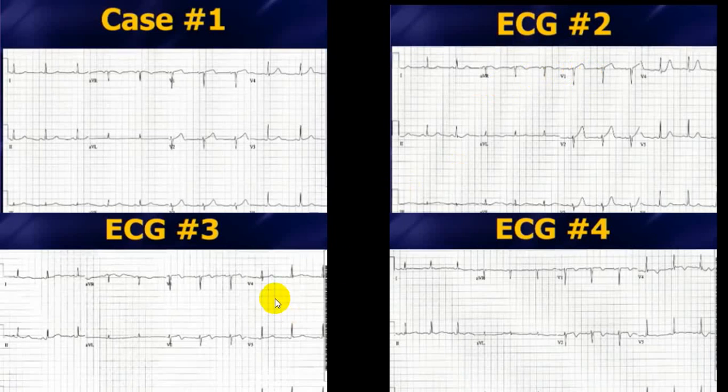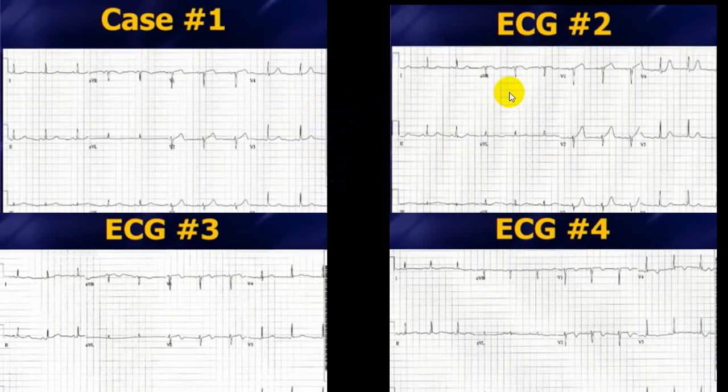This is 3 and this is 4. You can see now there is a biphasic T wave. Here also there is a biphasic T wave. Here there is a tall T wave in V2. So this is a change which is going on.